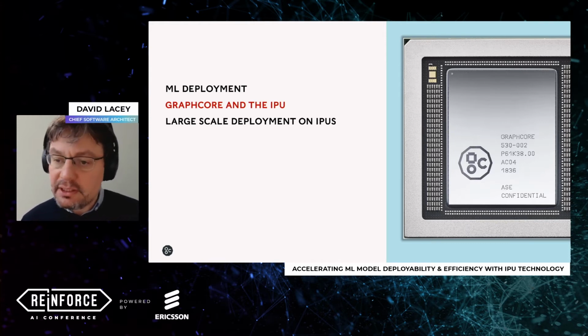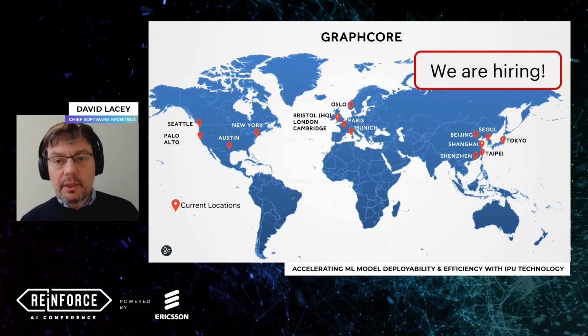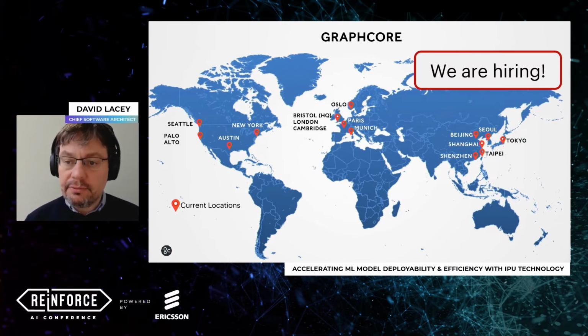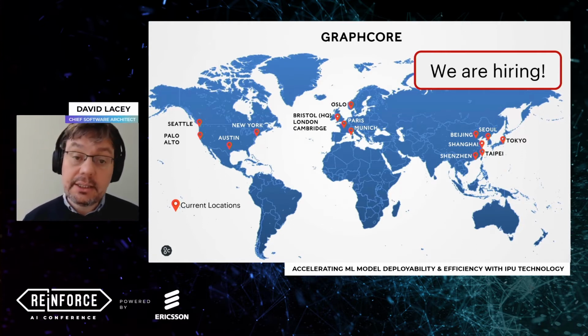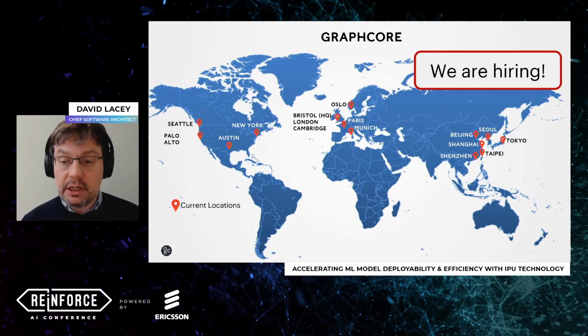So I'd like to talk a bit about GraphCore. We've been around for about 5-6 years now. We started in the UK. Our headquarters are in Bristol, where the majority of our engineering is. And we have now grown to about 450 employees worldwide, addressing many machine learning and artificial intelligence workloads and customers around the world.